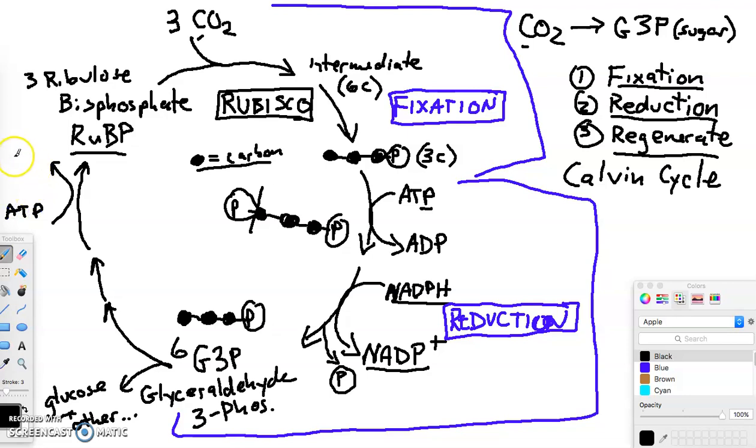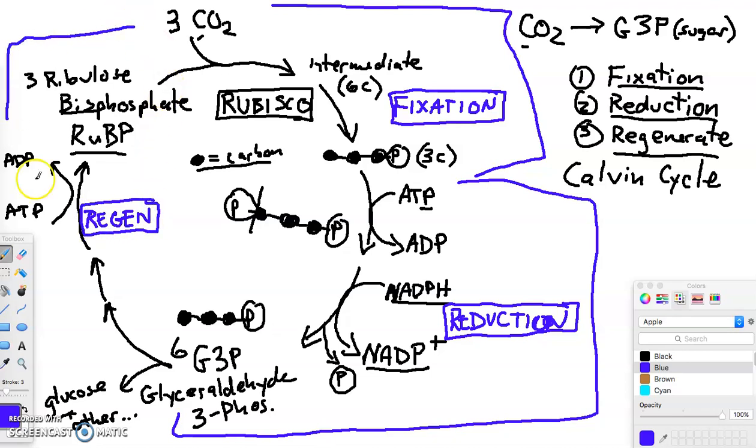So ATP, ADP, and guess where that phosphate goes? Yep, you got it. It goes to the ribulose bisphosphate. So we've regenerated our RUBP. This again is our regeneration stage, so go ahead and write regeneration. That's this part over here.